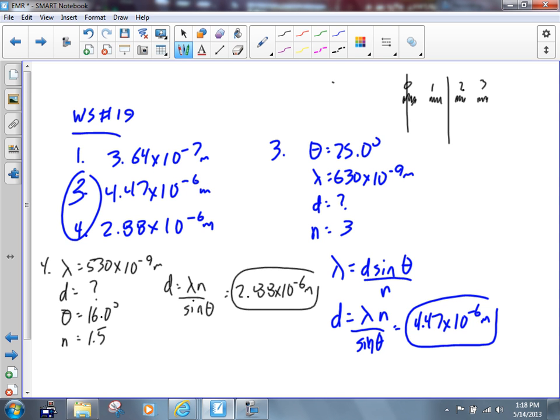And you didn't get the answer? Okay, we'll go through that then. Okay, let's sub in our values here, and then we'll pull up the calculator and go through it. 530 times 10 to the minus 9 times 1.5. And then we say sine 16 degrees on the bottom.